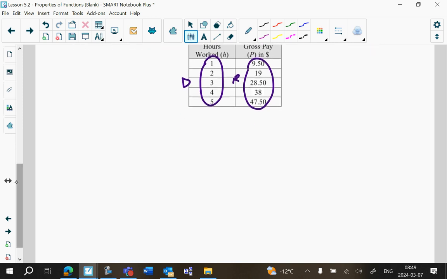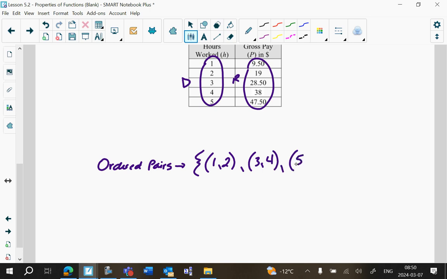Remember, we can represent relations and functions now in different ways. So when we have ordered pairs, for example, I'll just put 1, 2, 3, 4, 5, 6.